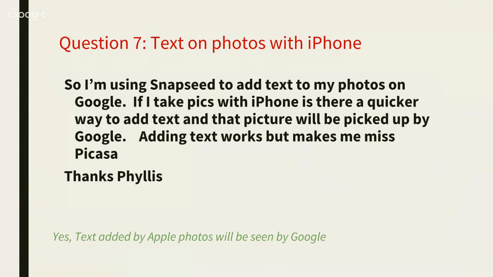So I'm using Snapseed to add text to my photos on Google. If I take pics with my iPhone, is there a quicker way to add text and that picture will be picked up by Google? Adding text works, but it makes me miss Picasa. Yeah, don't we all miss Picasa?